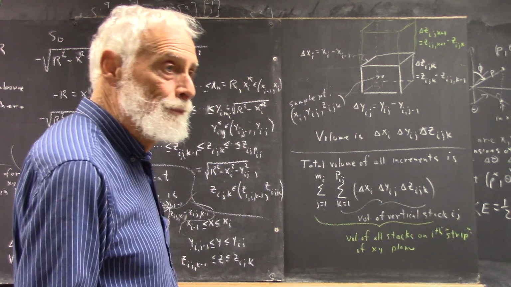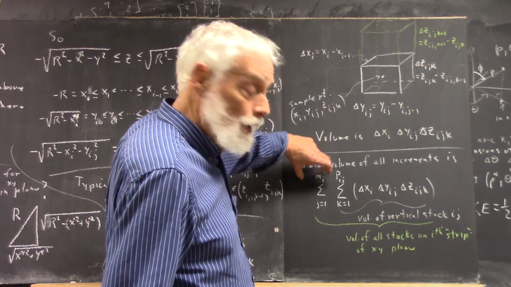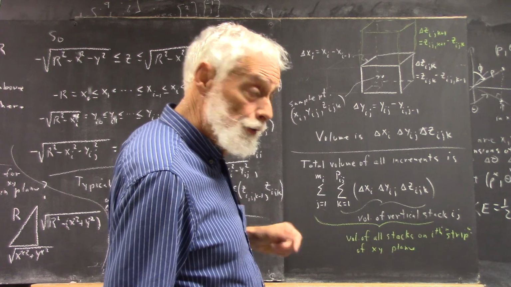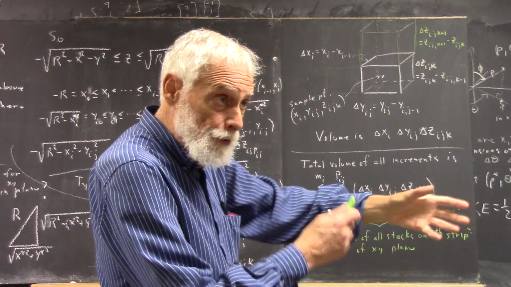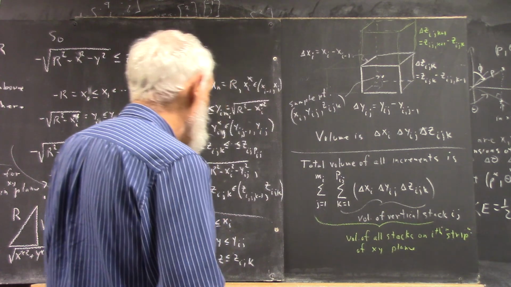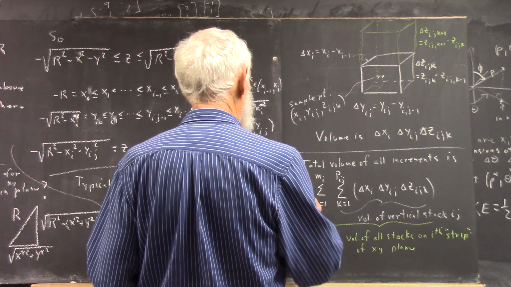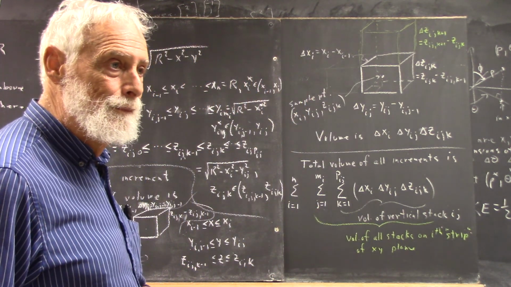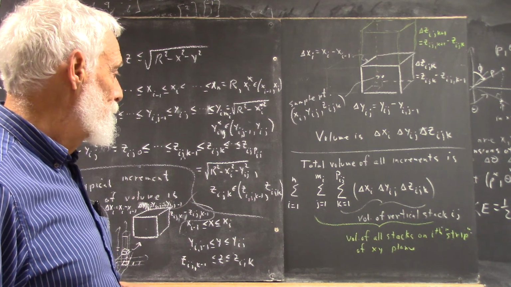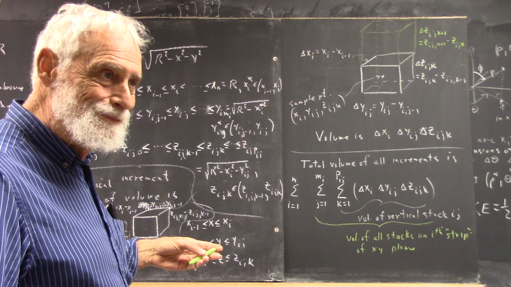Okay? Because this is the volume of a stack. We're summing that over the j variable, which goes in the y direction. So we have this strip of the xy plane and all the stacks above and below that. And then we sum from i equals 1 to n. Okay? And that's the volume of all the strips.